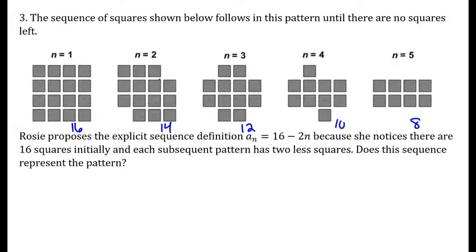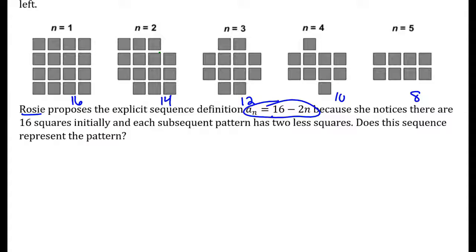Our friend Rosie says that this formula here is an explicit definition for this sequence, because she said there's 16 squares initially and each one has 2 less. Does this equation represent this pattern? Here's how we check it out. To see if an explicit equation represents the pattern, just plug in a number.